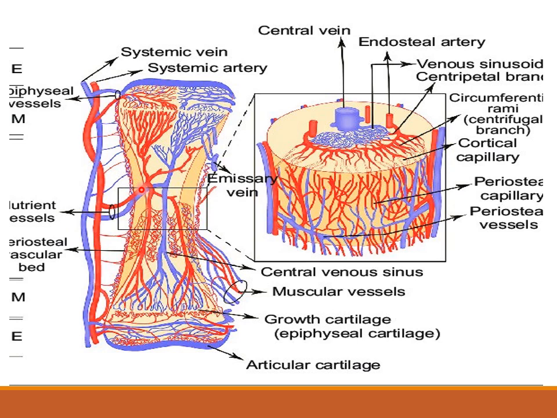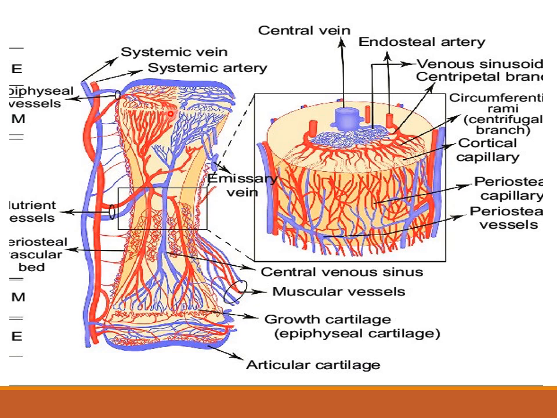First of all, as this diaphyseal artery continues into the medullary artery, these branches anastomose with the branches of the metaphyseal and epiphyseal arteries present in the adult long bone. So number one, these branches make anastomotic channels with epiphyseal and metaphyseal blood vessels.